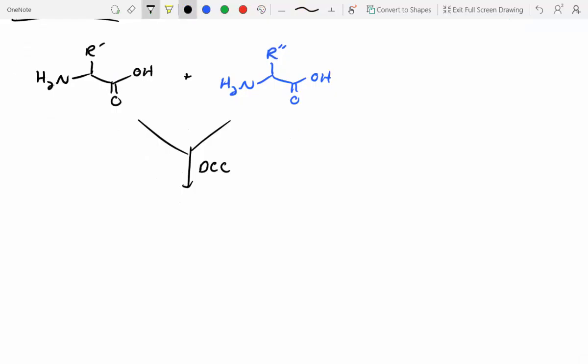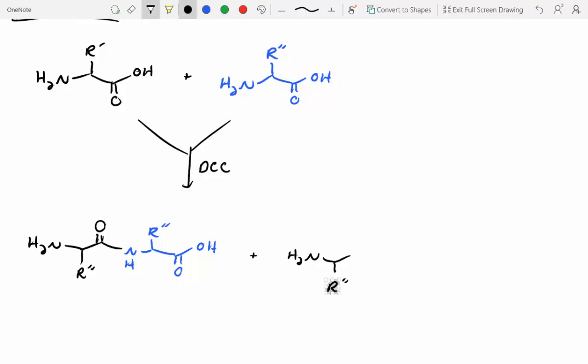You could end up with something that looks like this. This would be our ideal situation. So we formed a new peptide bond in between there. However, we could end up with reactions where we don't get the peptide bond that we want.